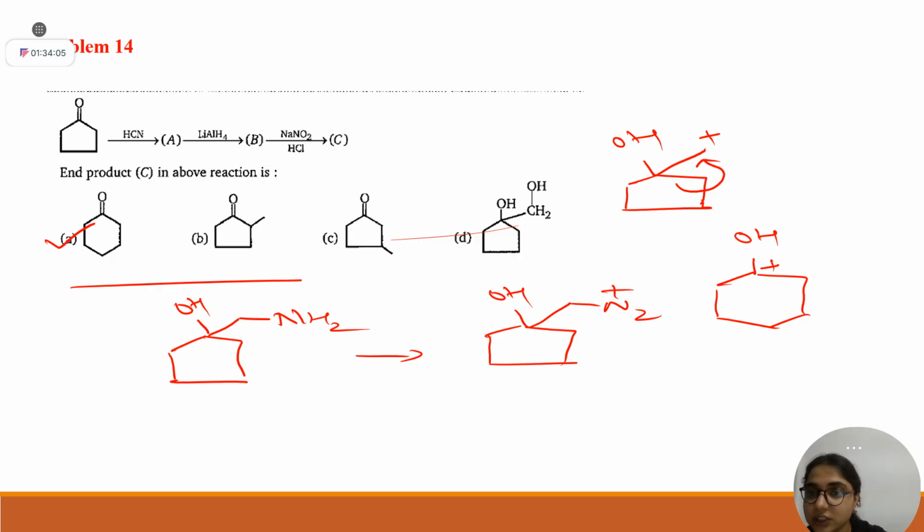You should know GOC, meaning how you are going to stabilize intermediates, whether it is carbocation, carbanion, nitrenes, benzynes, carbenes, right? Everything is connected in organic. You have to go one by one.